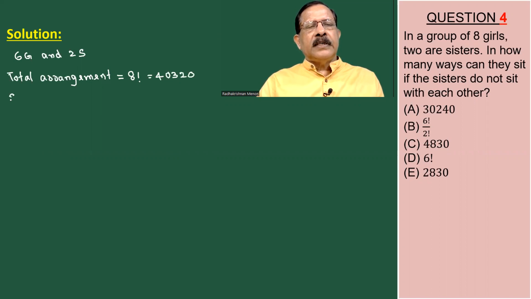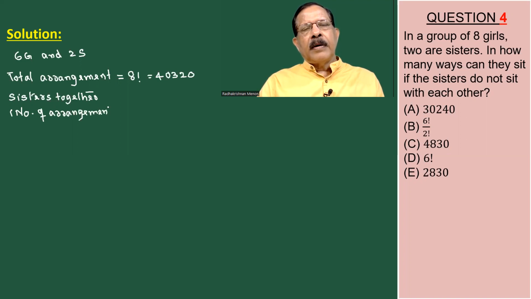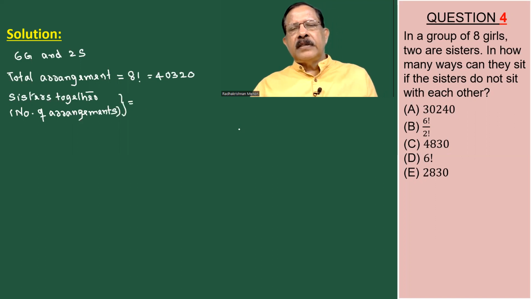Now, sisters together, number of arrangements. S1, S2, we consider them as a single unit.